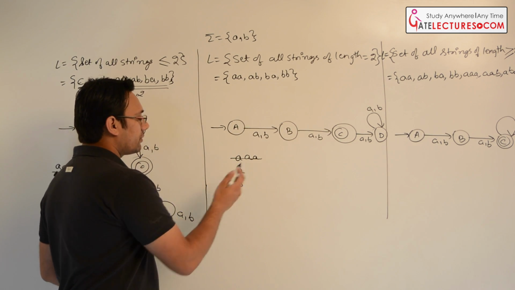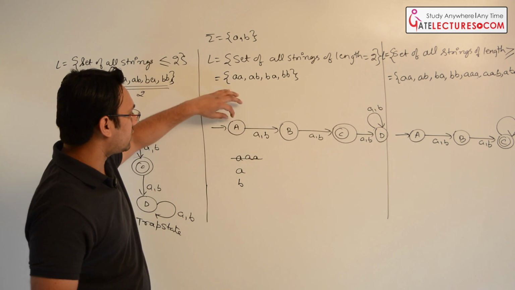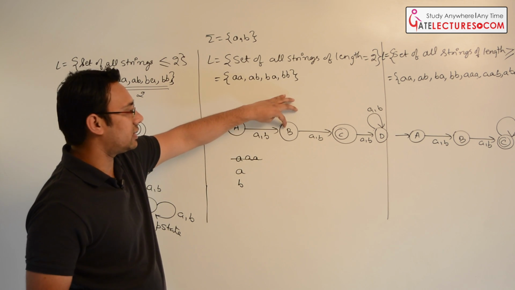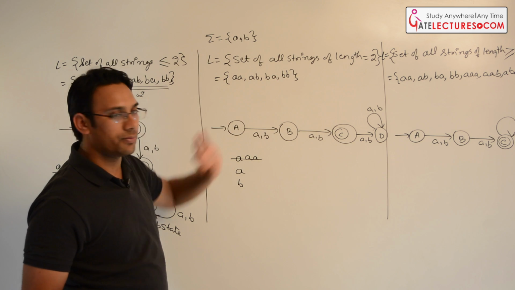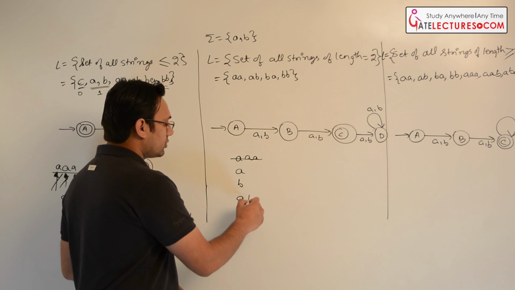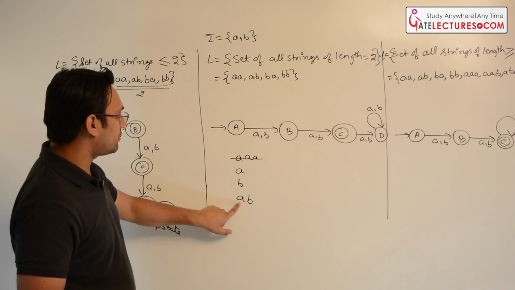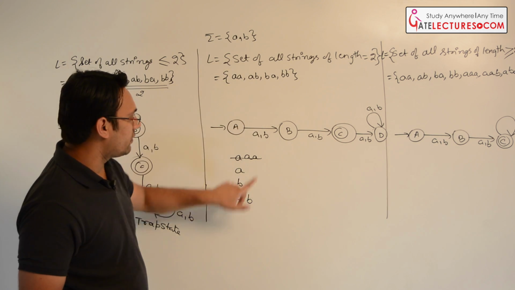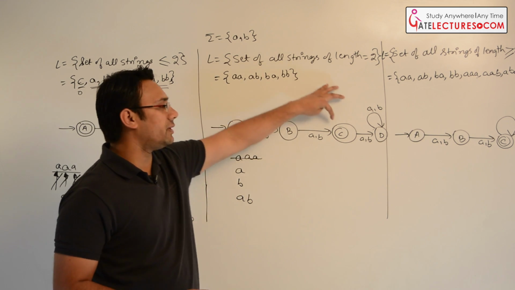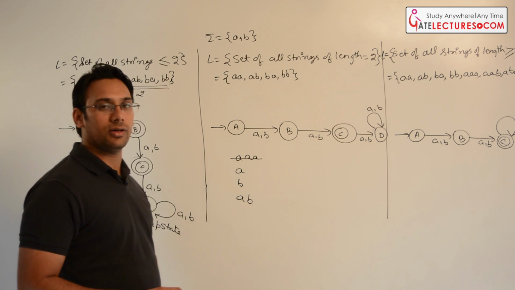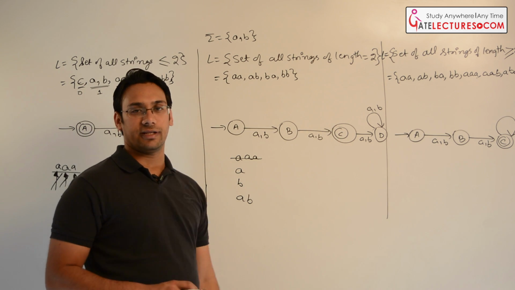So if we give a string B, that means we are at state A and we take the string B, then we'll go to state B. Now if we give a string of length 2, then from the first symbol we will go from A to B, from the second symbol we will go from state B to C, and this complete string will be accepted because C is a final state.